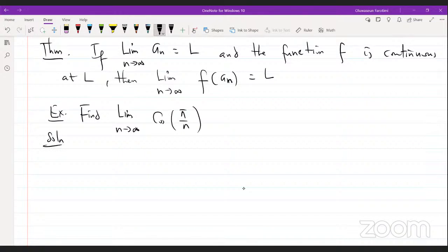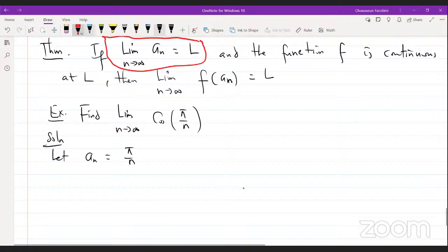Now remember that this guy is my a_n. So let a_n equal pi over n. Now, this theorem says that if the limit is L, that means I have to find the limit of a_n. What is the limit as n goes large of pi over n? This is 0.